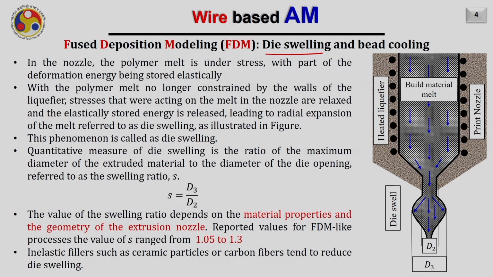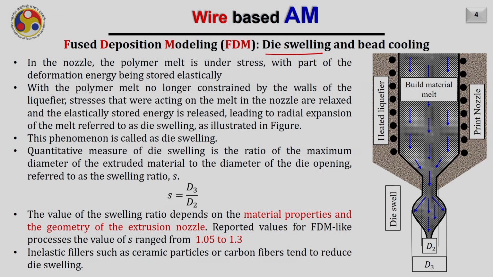In the case of die swelling, what happens? When the melt is inside the liquefier, it is subjected to stress, and as soon as this molten material comes out of a tiny nozzle, it usually releases these stresses and expands.